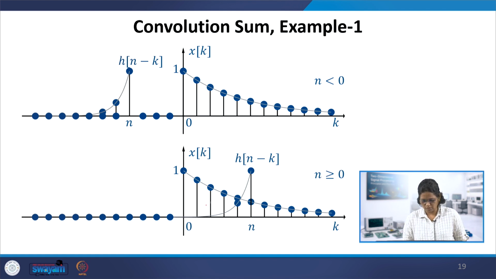Here h of n minus k would extend up to this point. When n is less than 0, h of n minus k would be here, so you do not have a common area. That is why the summation results in 0, whereas here there is a common value. So, multiply these common indices where the signals exist and find y of n.